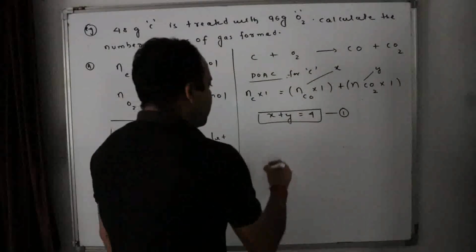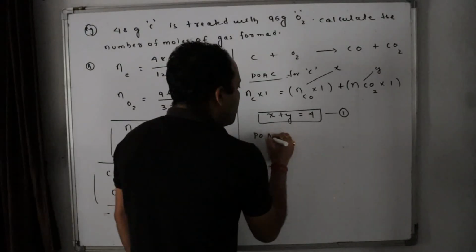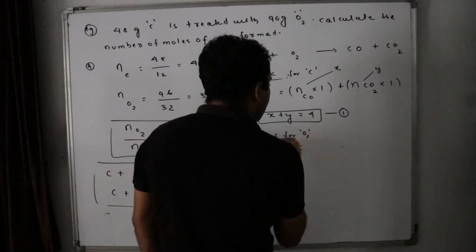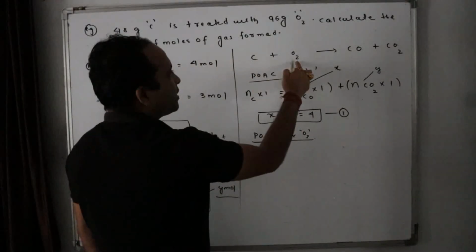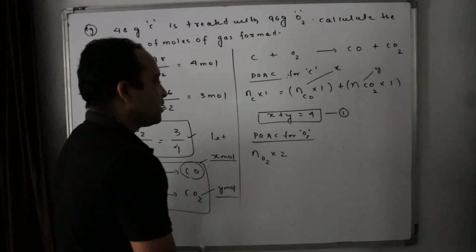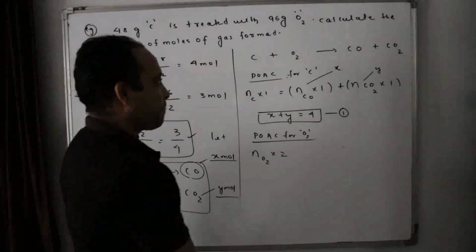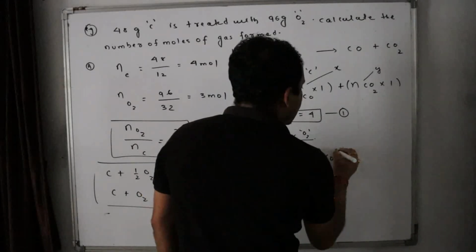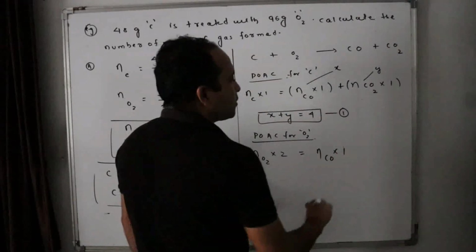Now let us go for the second one. POAC for oxygen. Now here, where does oxygen exist? Here. Number of moles of oxygen into number of times the oxygen exists. How many times? 2 times. Now, number of moles of carbon monoxide, number of times the oxygen exists, once.